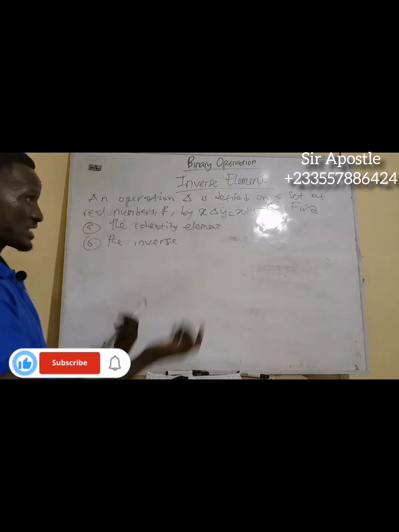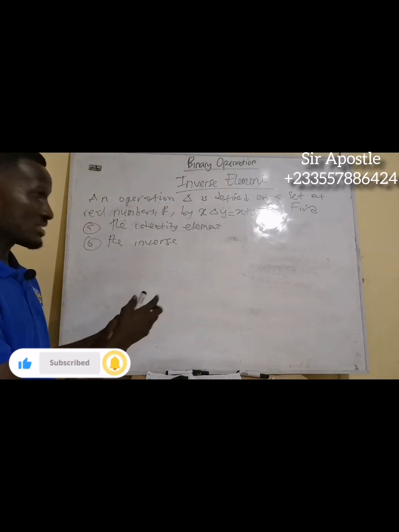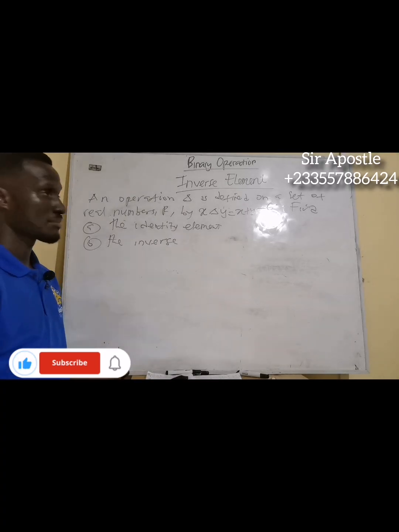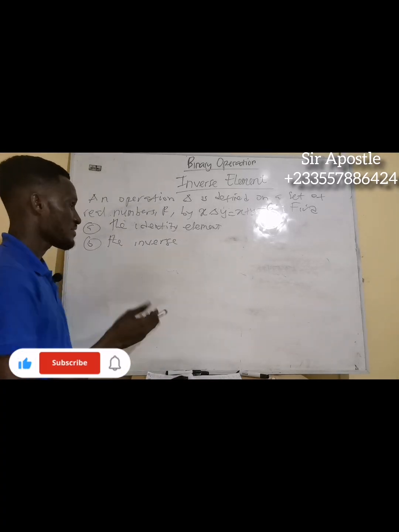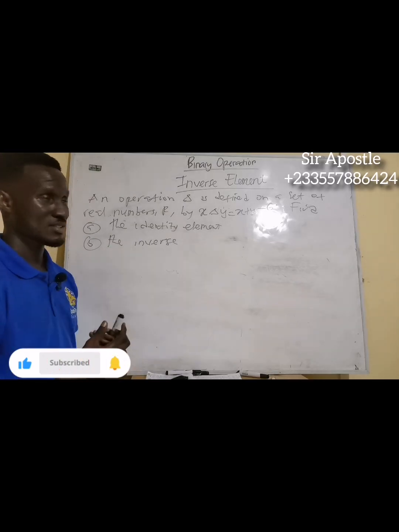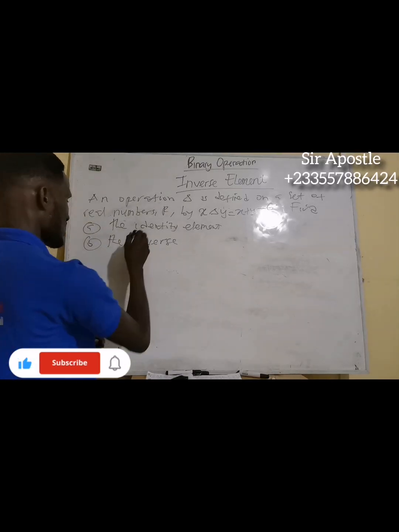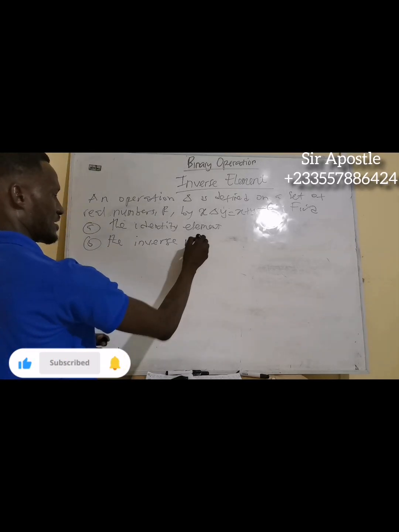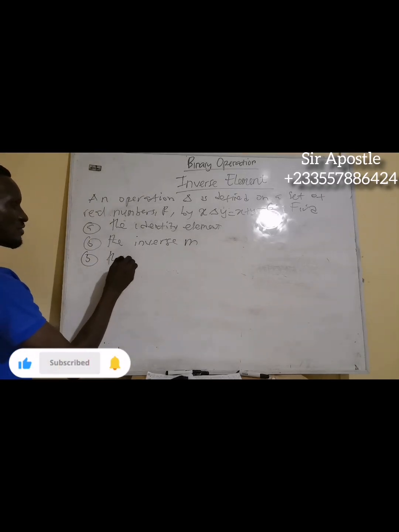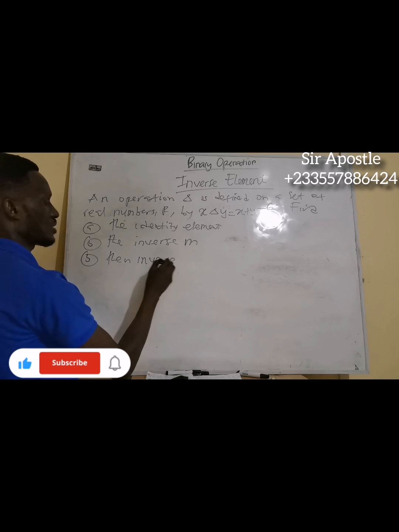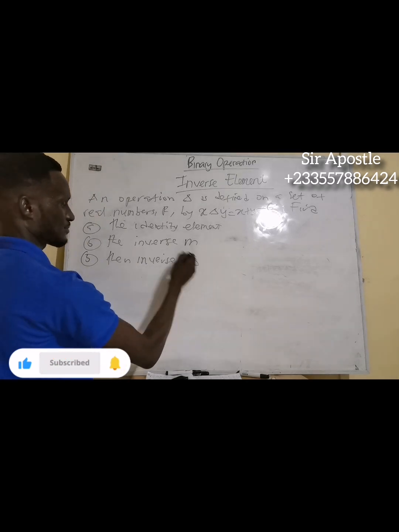I can even say inverse of m. When I say inverse of m, it means I have to use m to do it. Now B, we are going to find the inverse of 3.